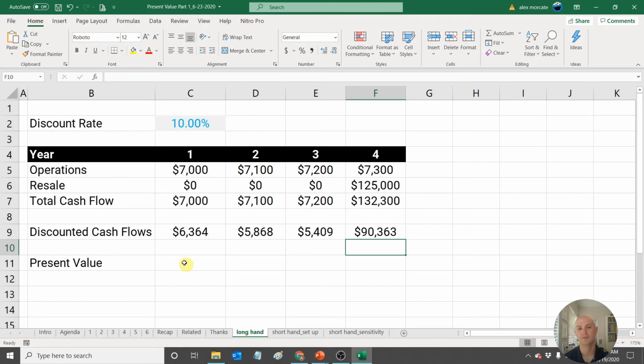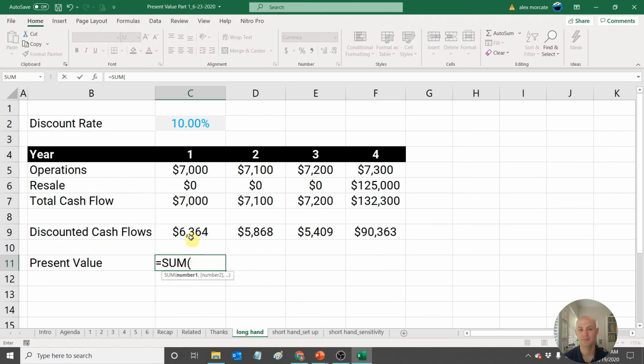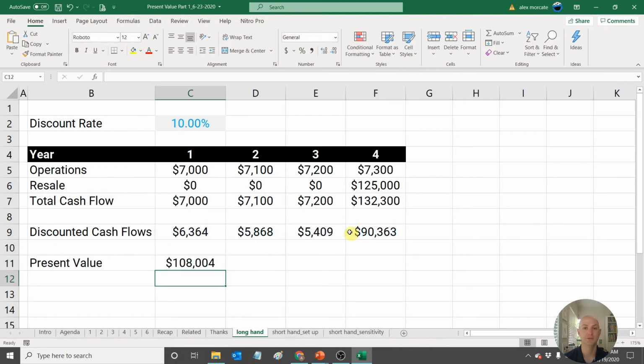So now that we have all these individual discounted cash flows, what we're really looking for is the value today of all of these cash flows. So if we were to add them, this would give us the present value today of all these future cash flows.